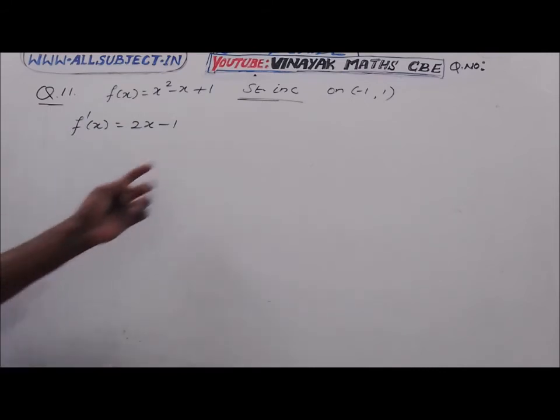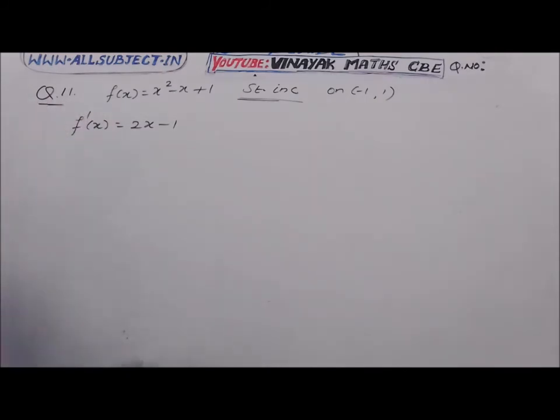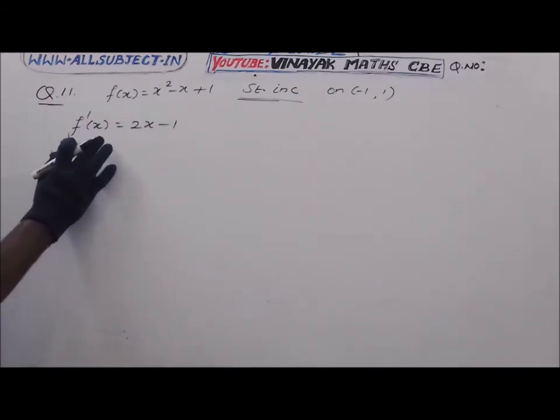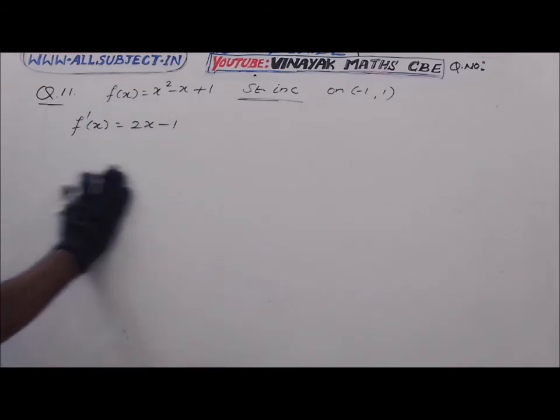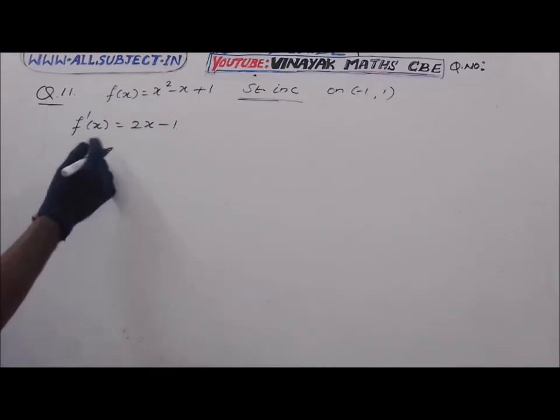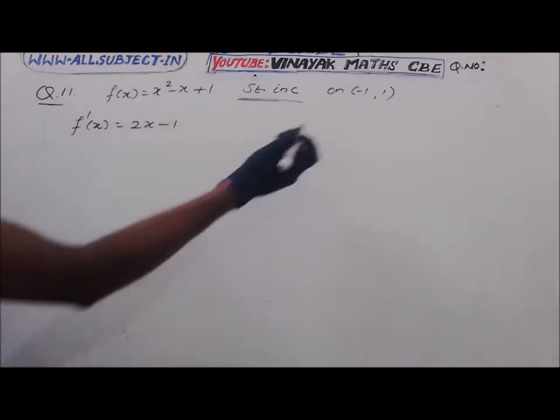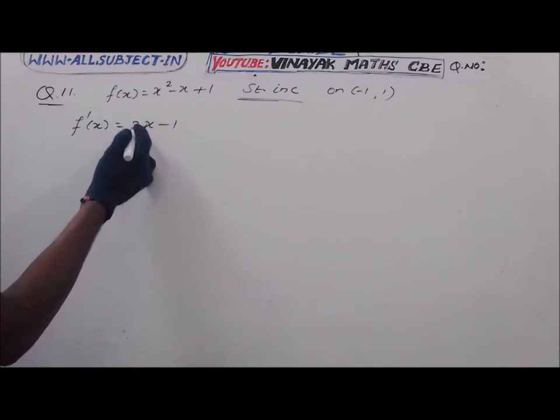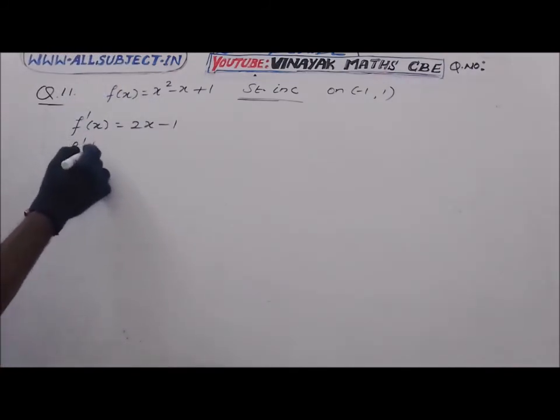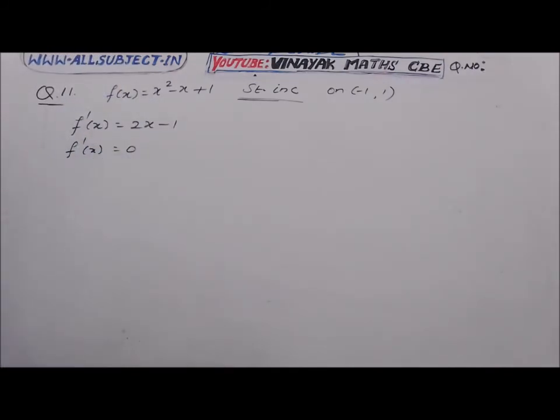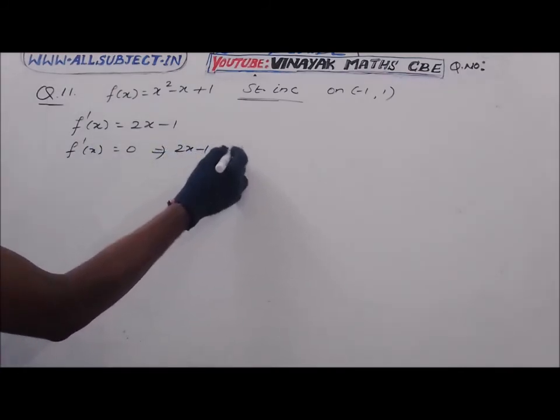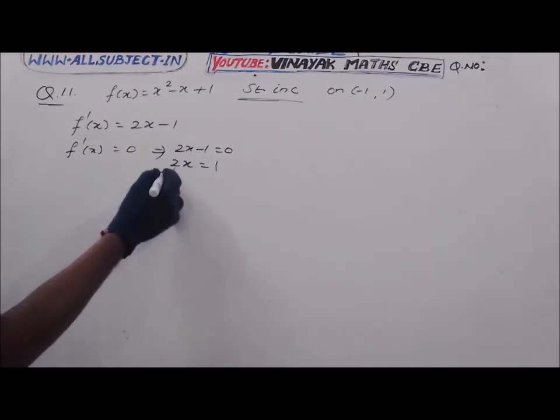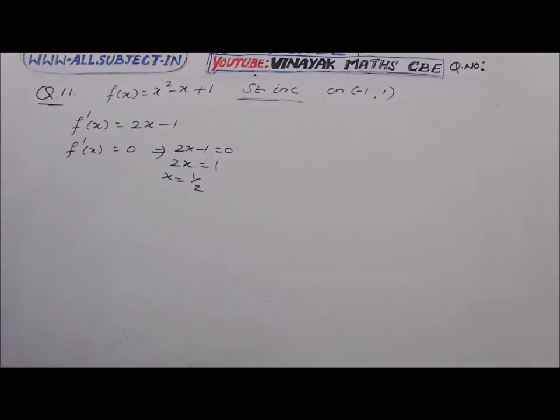Now put f dash of x is equal to 0, which implies 2x minus 1 equal to 0, 2x is equal to 1, x is equal to 1 by 2.